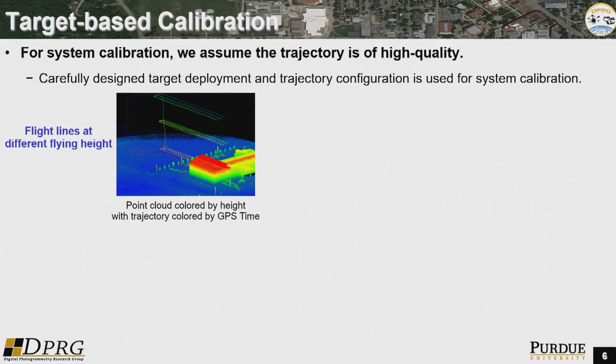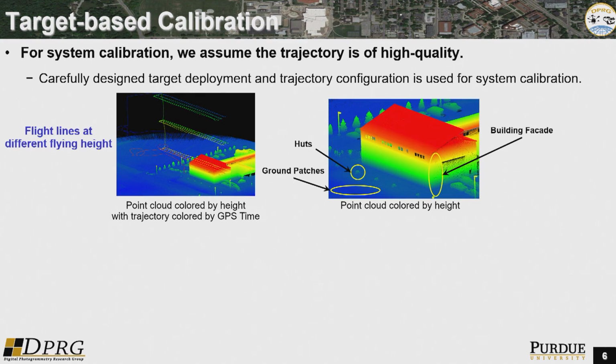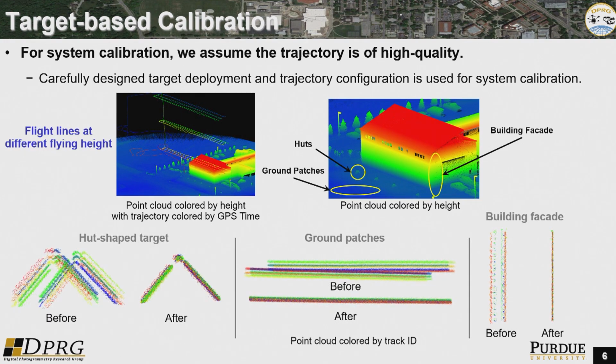You have to deploy targets in your calibration test field. You fly, for example, if you have a UAV, and then you identify these targets in your calibration test field, and then you go through an optimization process where basically you would like to identify the individual targets in the individual tracks or flight lines or individual walks or drive runs.